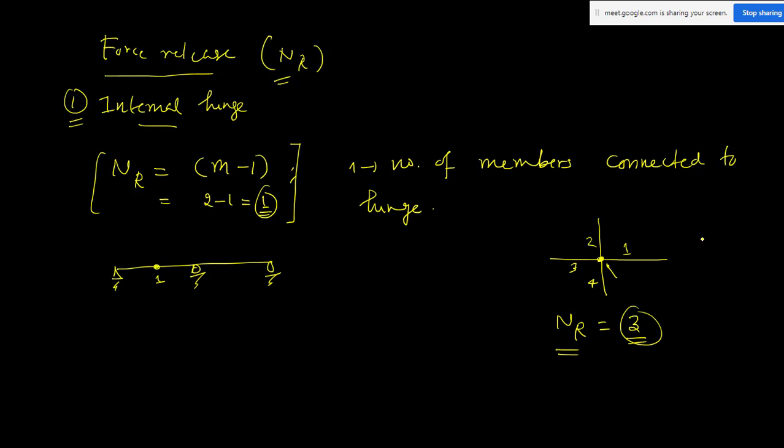That is the first case, the force release for an internal hinge. The second case is a link. If we have a link in the structure, I will give an example. Suppose we have a simply supported beam like this. Here I have a member, it is your beam.